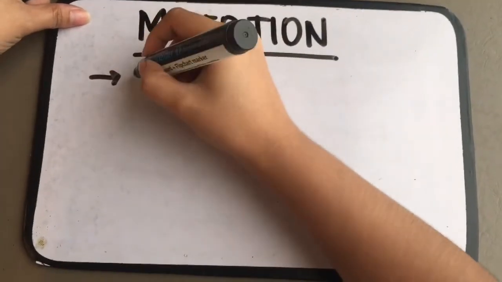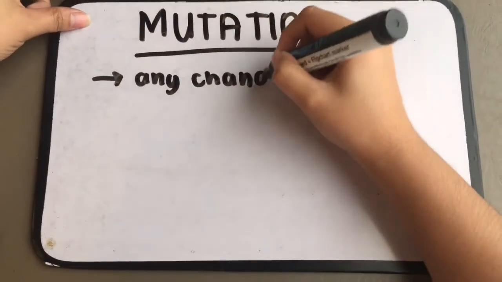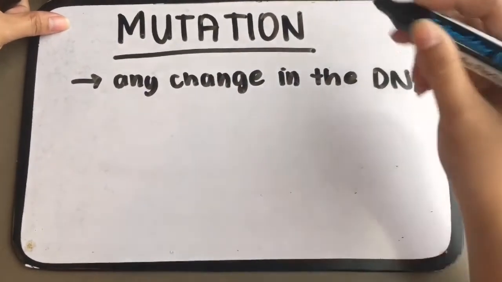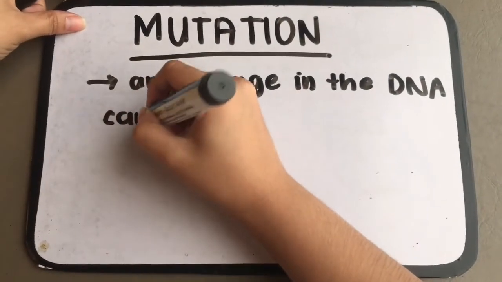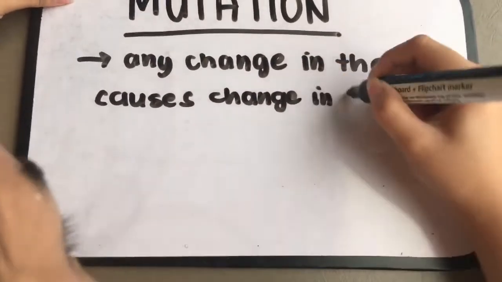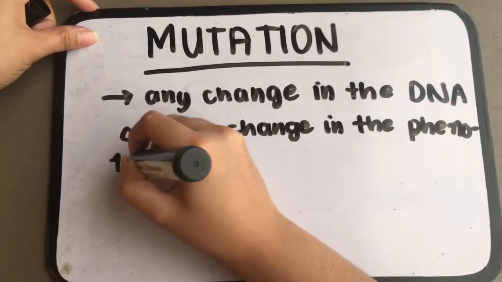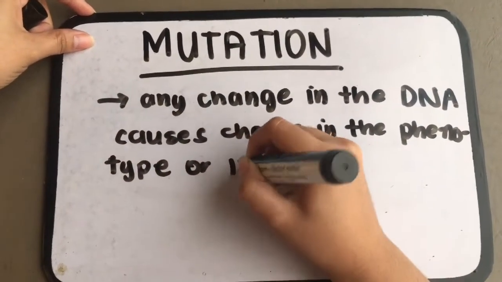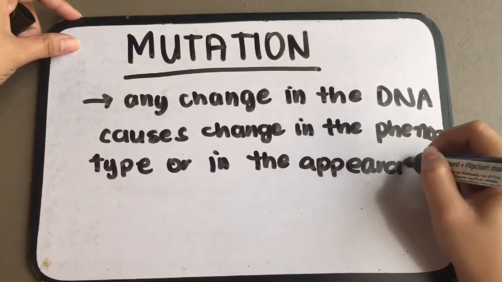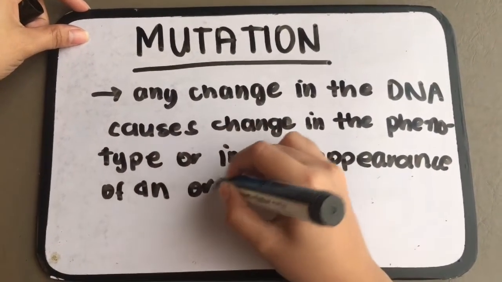Mutation is defined as any change in the DNA that causes change in the phenotype, or in the appearance, of an organism.